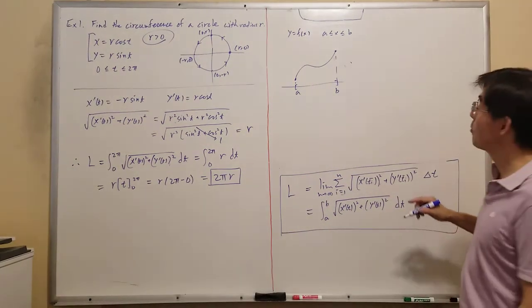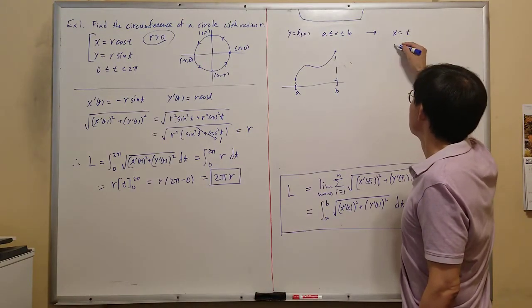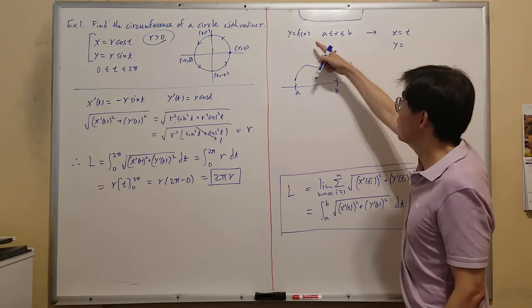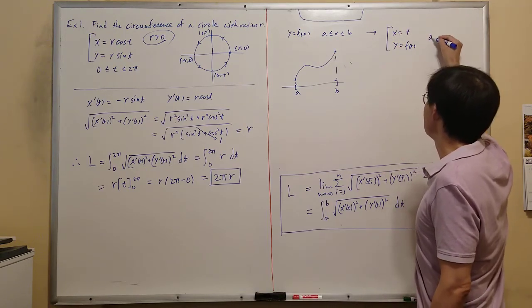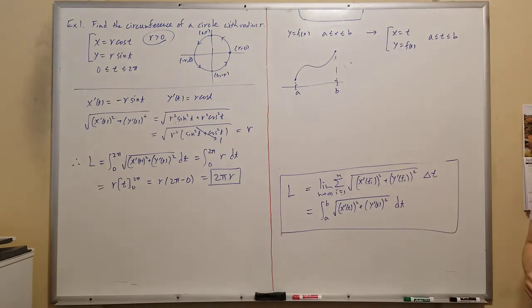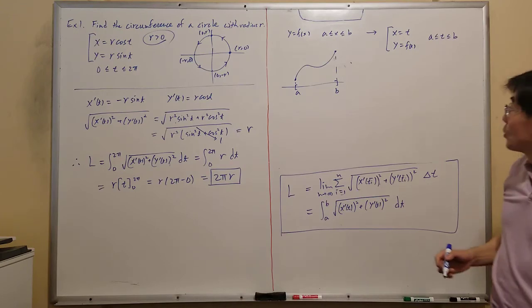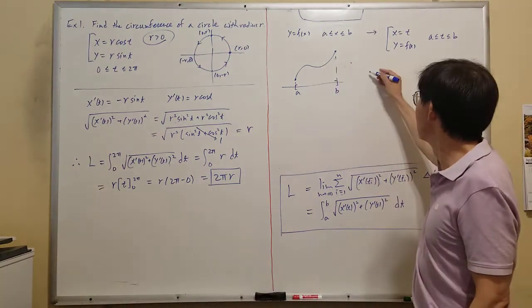Well, in section 1.7, we can have a natural parametrization as x equals t, y equals f of t, right? And t is going from a to b. So we can use this parametrization for the arc length.